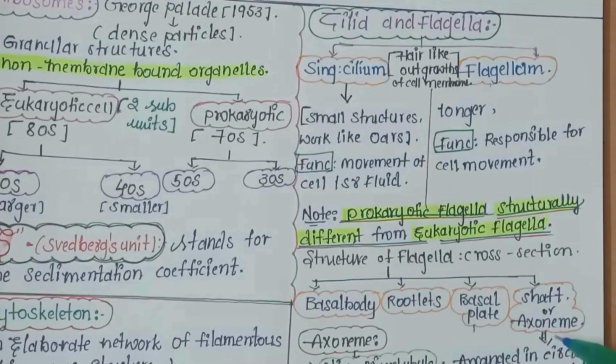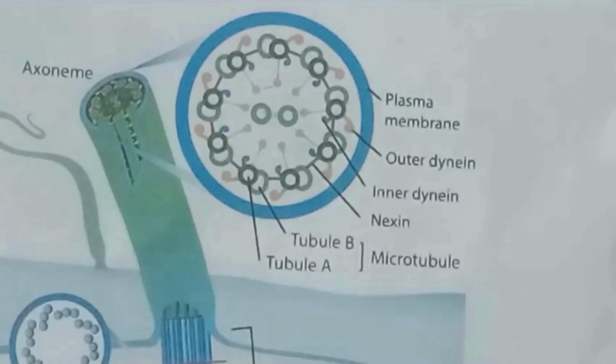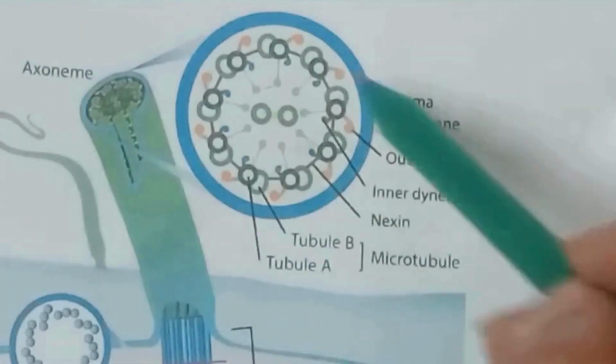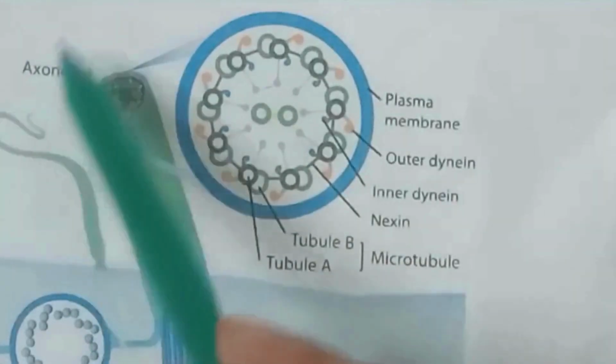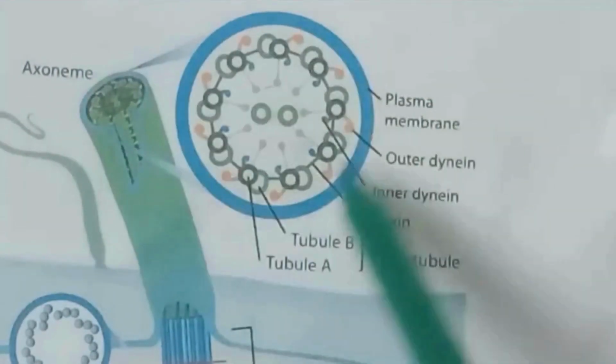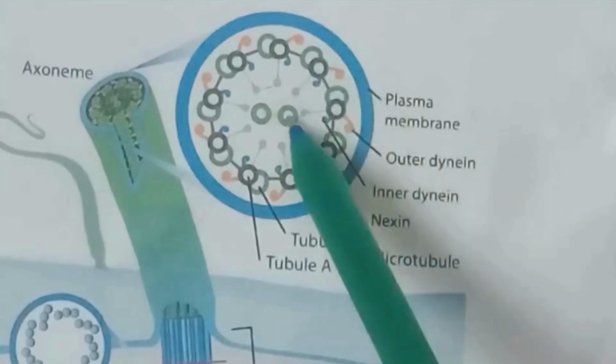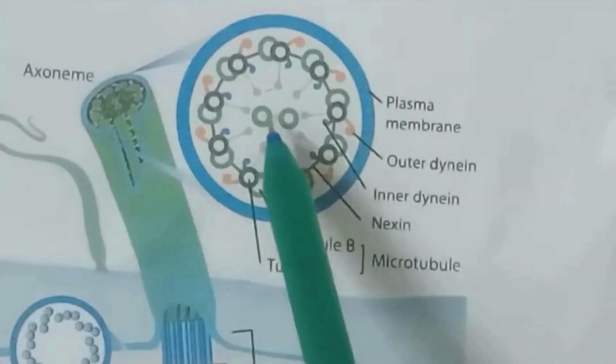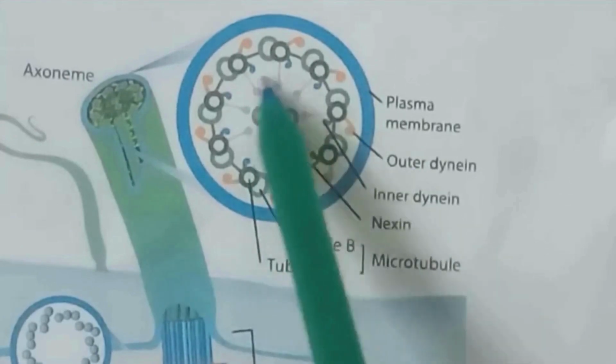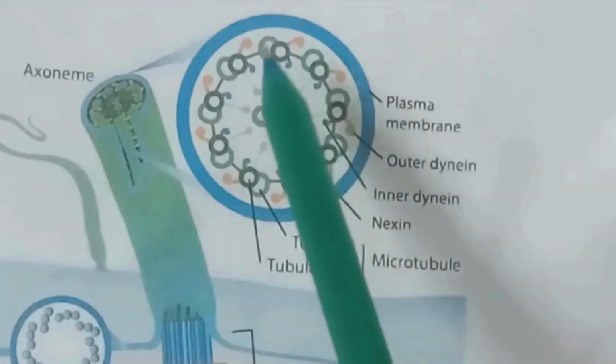Let's discuss it with the help of a diagram. Let's see the structure of flagella. The axoneme is the shaft of the flagella. It contains 9 microtubules with 2 central tubules which are connected with bridges and enclosed by a central sheath.